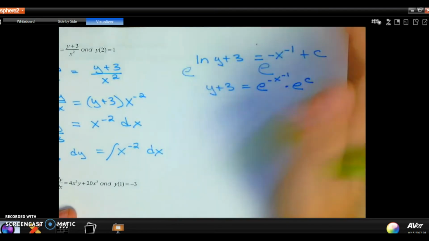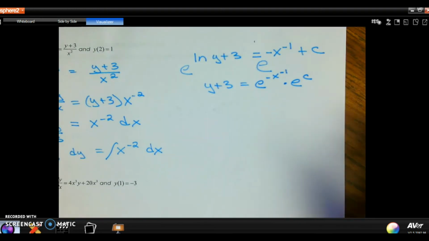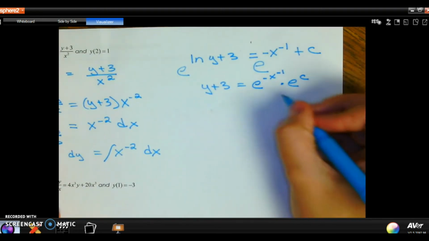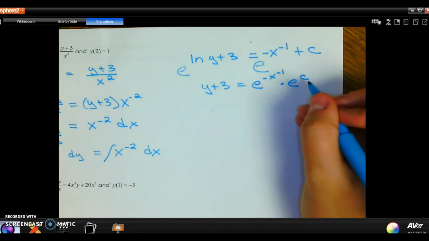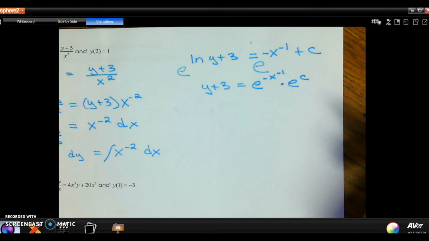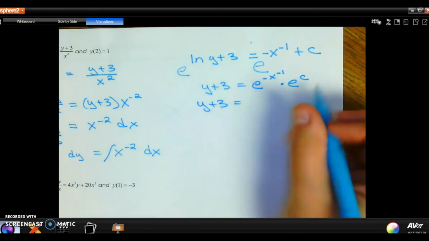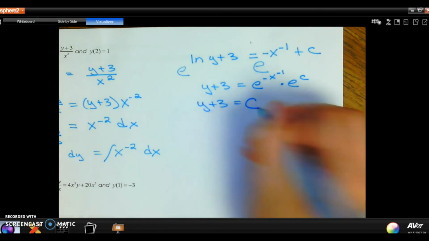And then I got to get rid of this. Now what we can do is, because I have this e to the c, guys, e is a constant. So a constant raised to some other constant, right, is just some other constant. And you're going to do this very frequently in these types of problems. So just know that you can always rewrite this as just some c value.